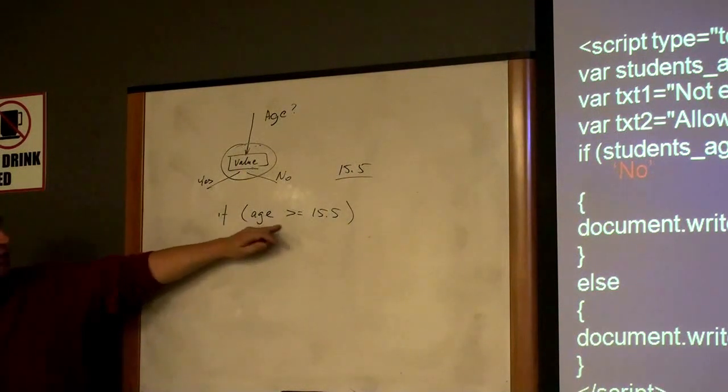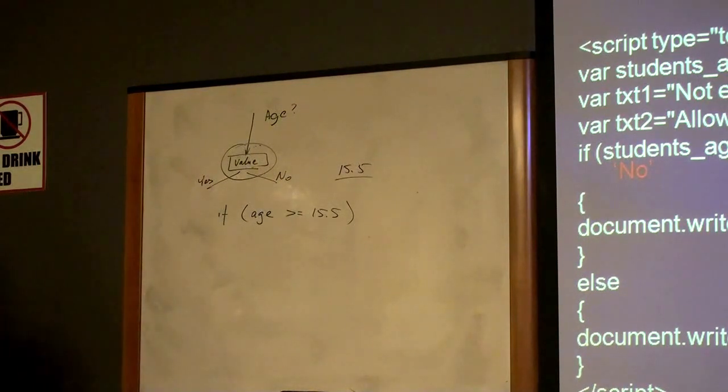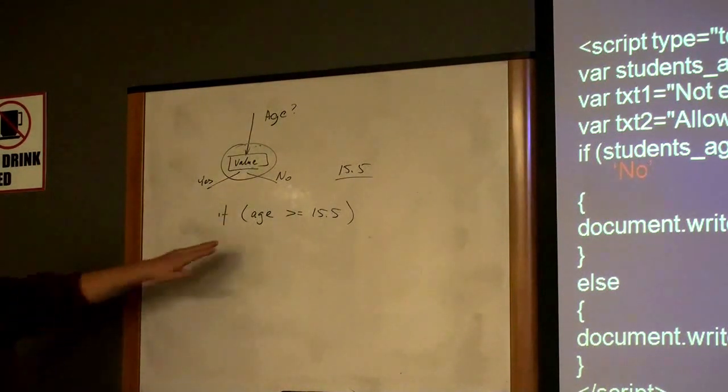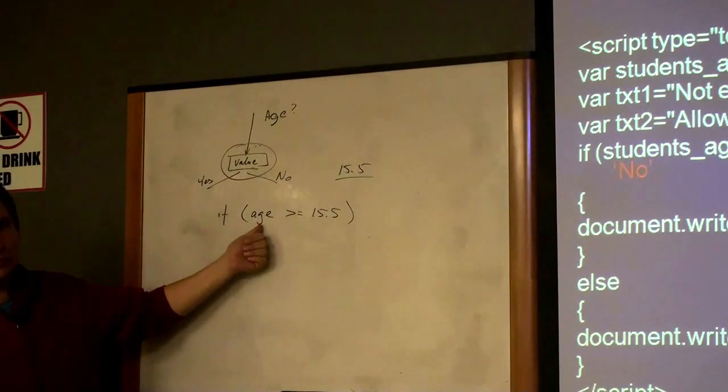Now this question which I ask in the parentheses can bring only one of two answers, either yes or no. I don't have a third answer. I cannot say maybe, I'll think later. No such possibilities. So either I get true or false, depending on the age which is user provided.